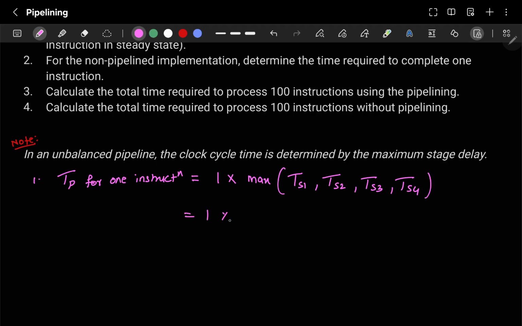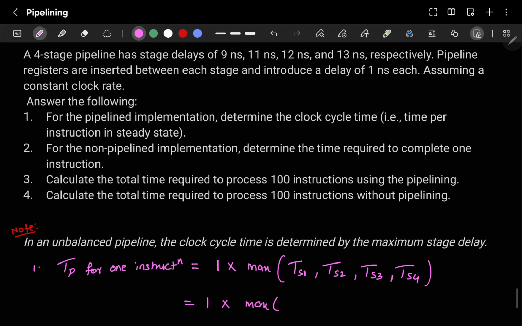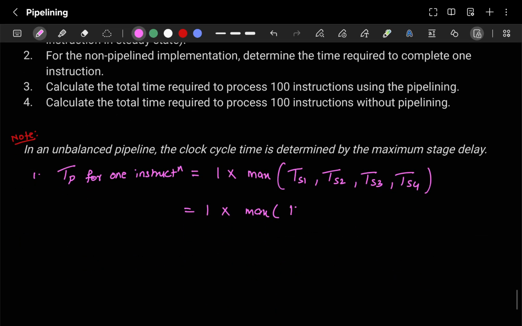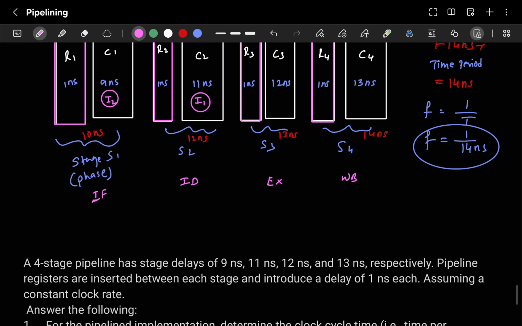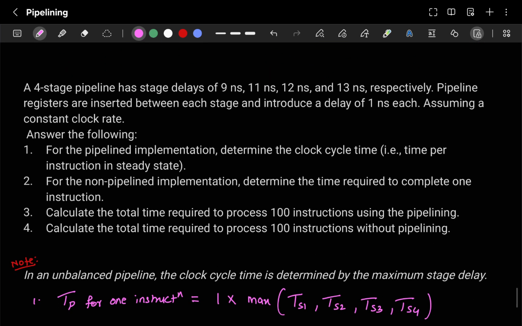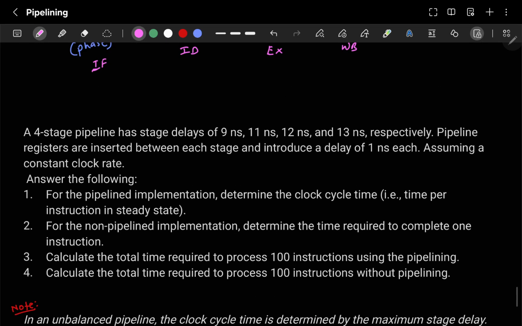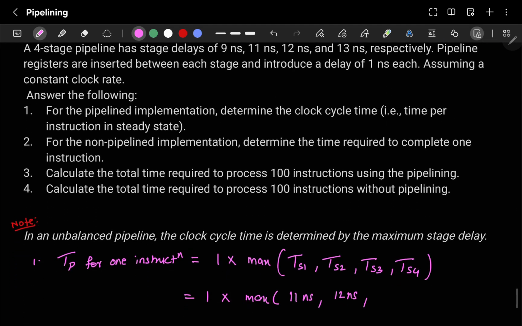Now, the maximum of: what is the time taken by stage S1? That is 10 nanoseconds, and here it is 12 nanoseconds, and here it is around 13, and then 14 nanoseconds.